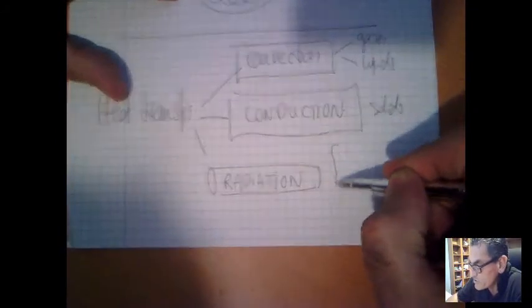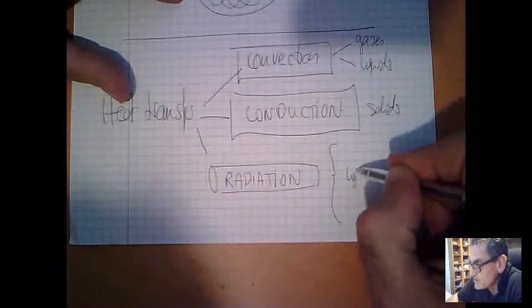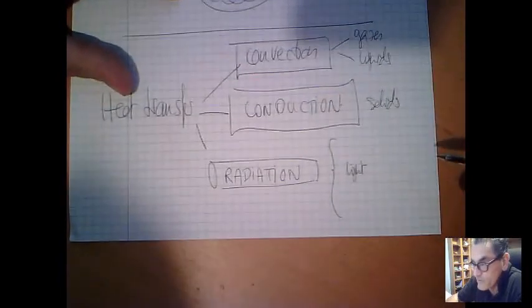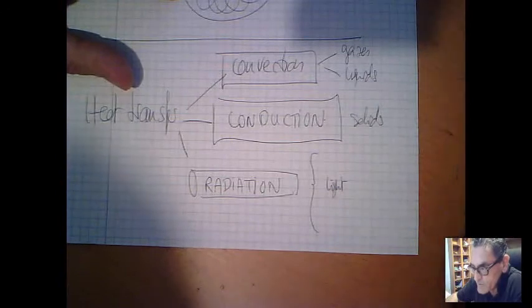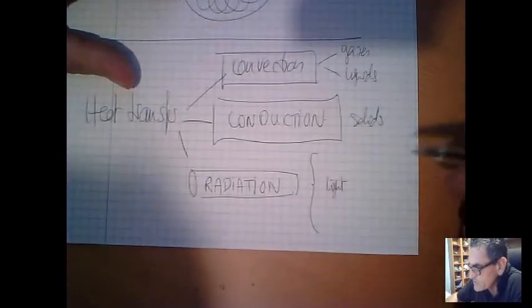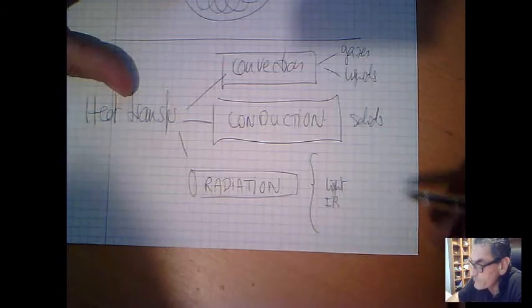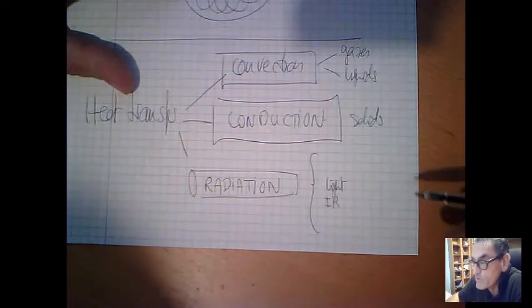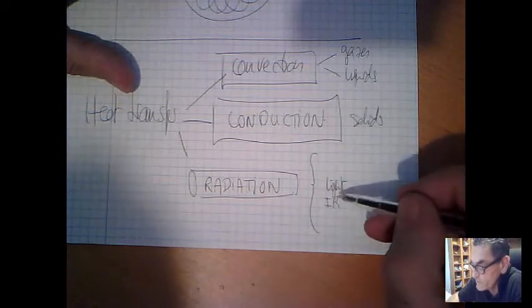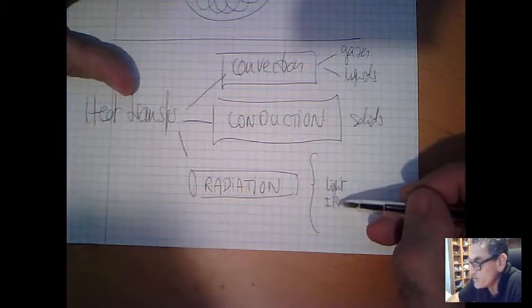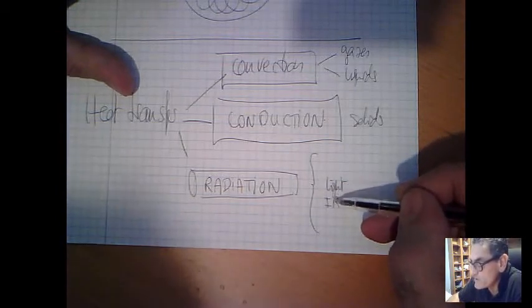And the radiation that the sun emits contains light, of course, visible light, blue, red, green, yellow, etc. But it also contains another type of rays which are called infrared rays. Infrared, they have an energy just below the energy of light.